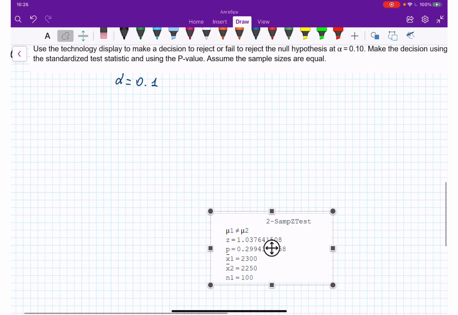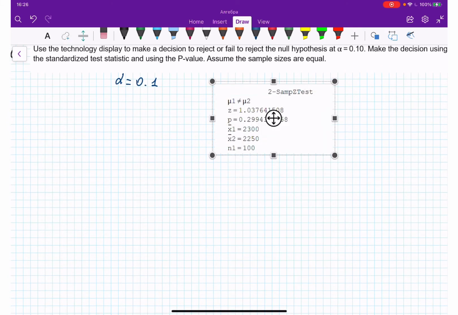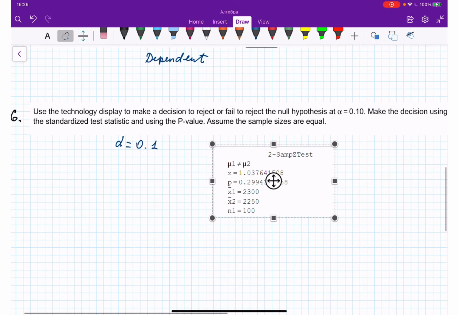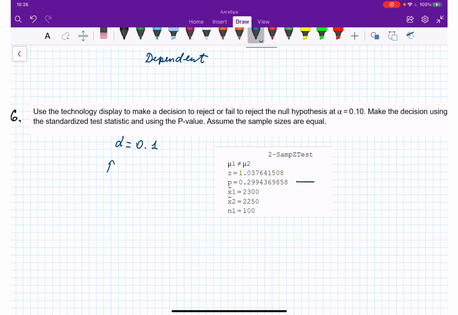Let me move the table up here. What do we have? We are given alpha. We need the p-value to compare with alpha. Our p-value is 0.2994.